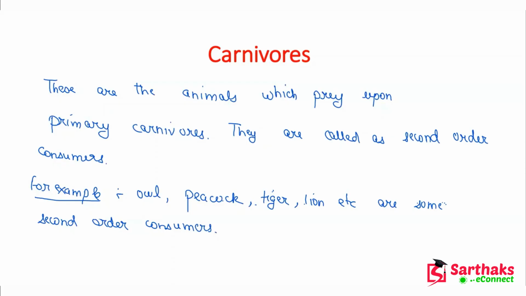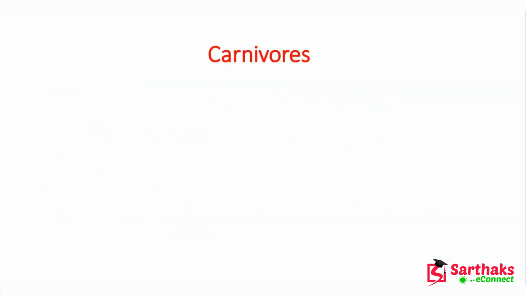And now we can talk about them. The second order consumers are the consumers, or carnivores, which are not preyed upon further.